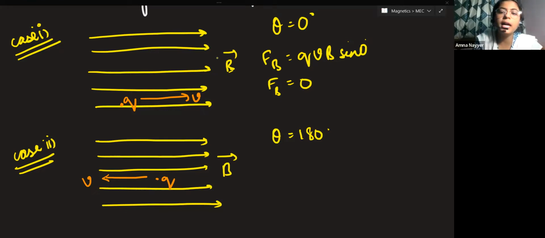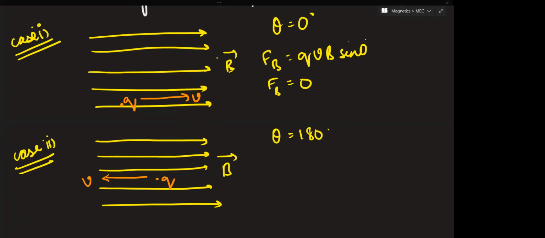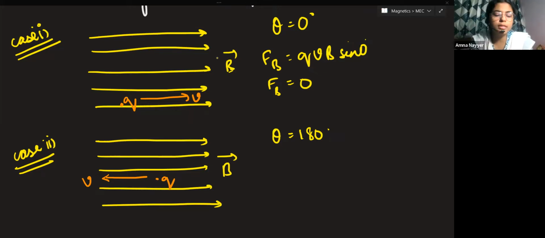Hanifa, can you tell the magnetic force? qvB sine theta is the formula. Everything is written in front of you, like the first part, case 1 we did. What will be the magnetic force for 180 degree? Do you know what is sine 180 degree?